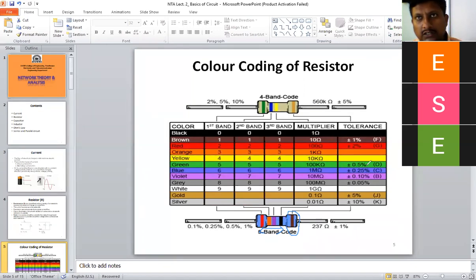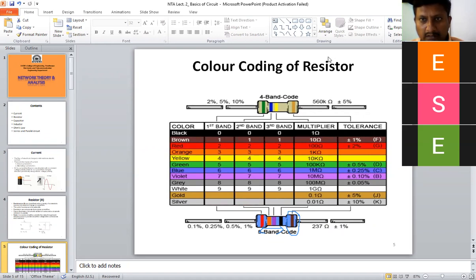So this is the tolerance of the 5 color band.